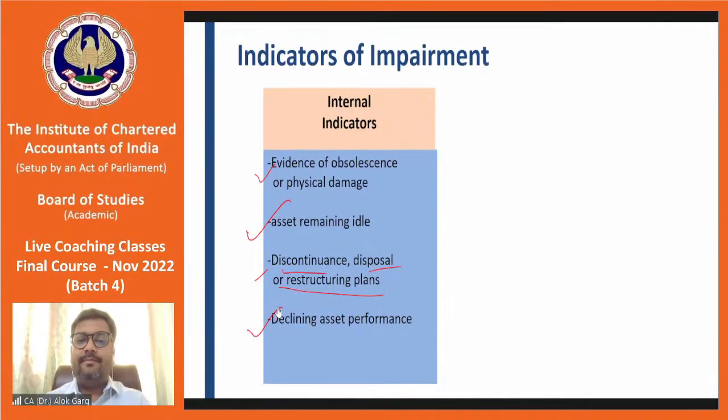Is it clear? So Manikandan is asking, sir, in case the asset was purchased in the month of March, do we need to do impairment testing on the reporting date? Yes. But whether there will be an impairment, the answer may be no. Why? Because you have recently purchased this asset.